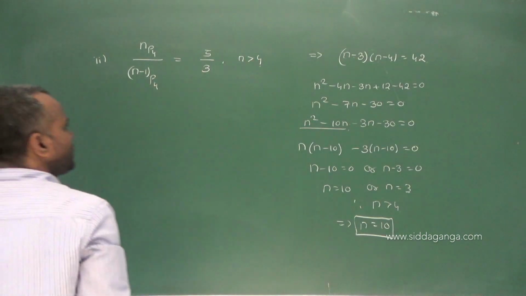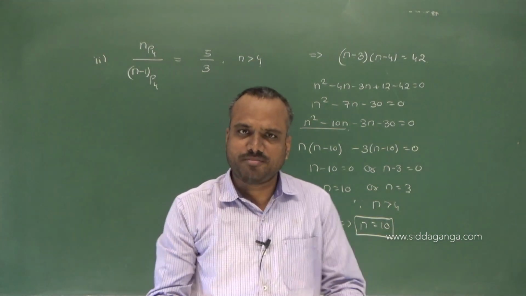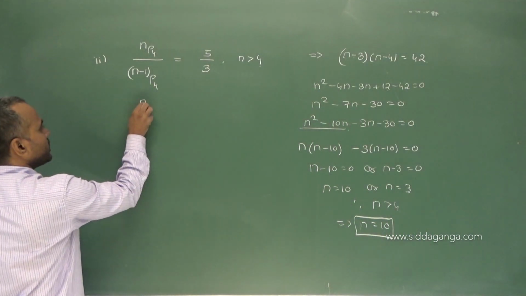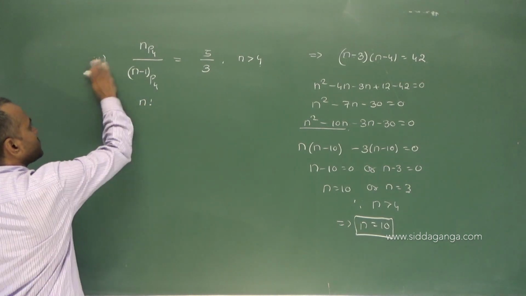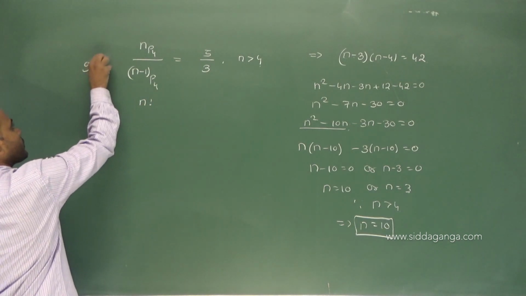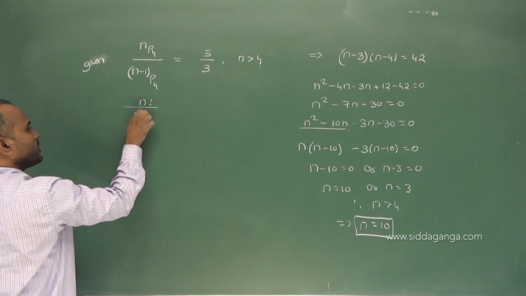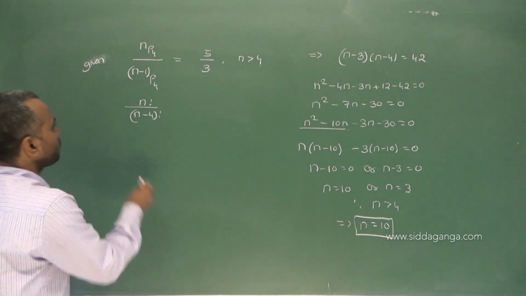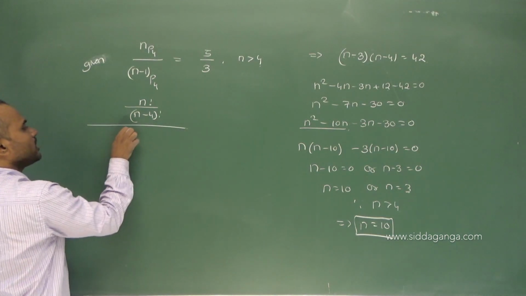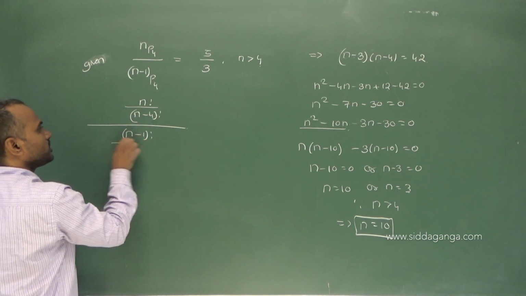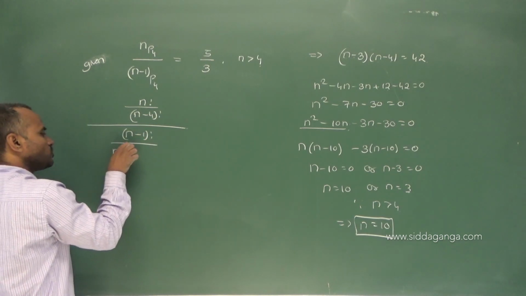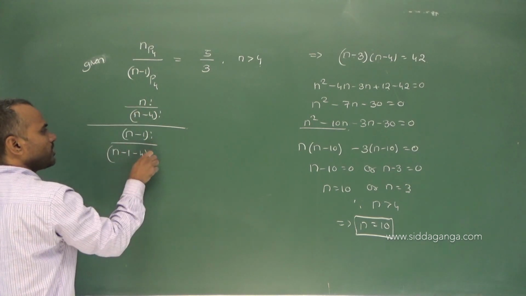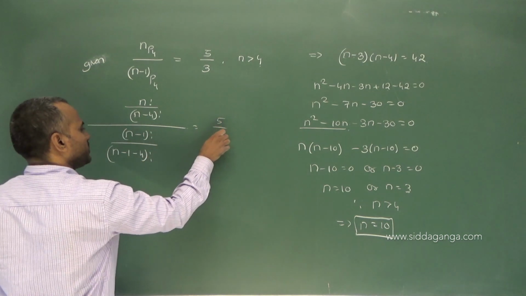Same type of problem. np4 is n factorial divided by n minus 4 factorial, whole divided by n minus 1 factorial divided by n minus 1 minus 4 factorial, is equal to 5 by 3.